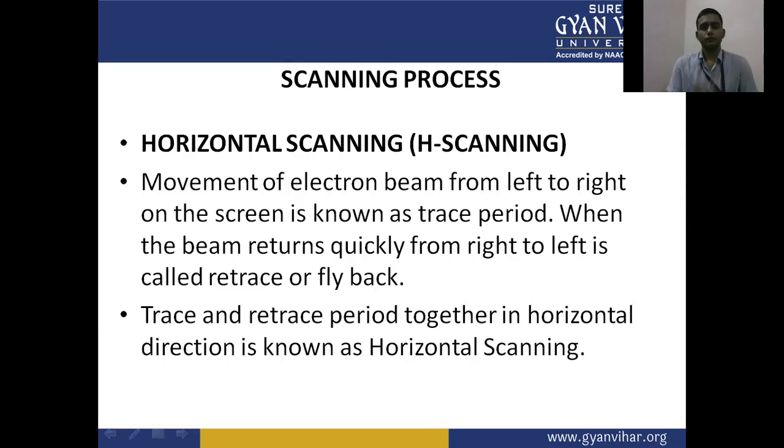The first type of scanning, the horizontal scanning, is also known as edge scanning. The movement of the electron beam from left to right on the screen is known as the trace period. When the beam returns quickly from right to left, it is called retrace or flyback.